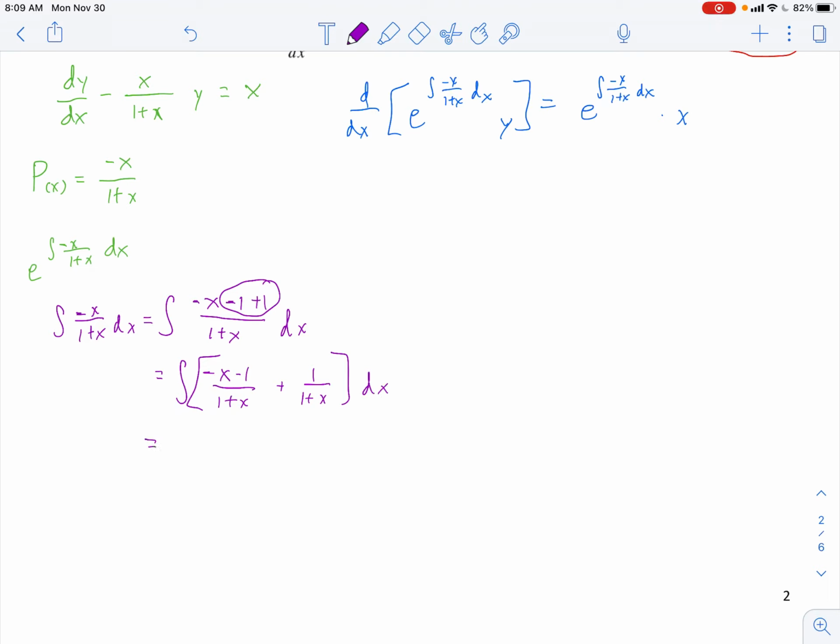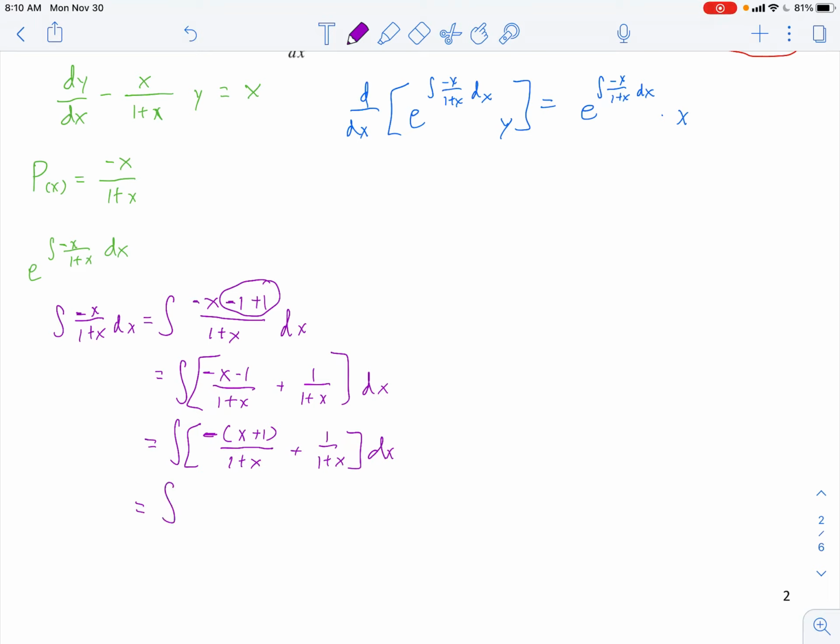dx. Now, I'm going to rewrite it again. The integral of, I'm going to pull out a negative, so negative (x plus 1) divided by 1 plus x, plus 1 over 1 plus x dx.